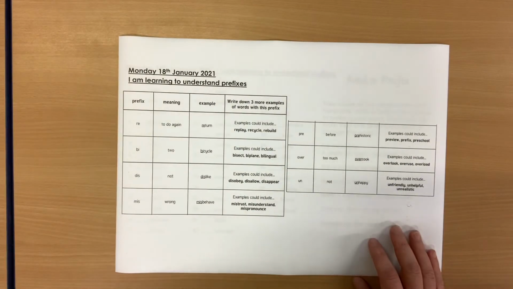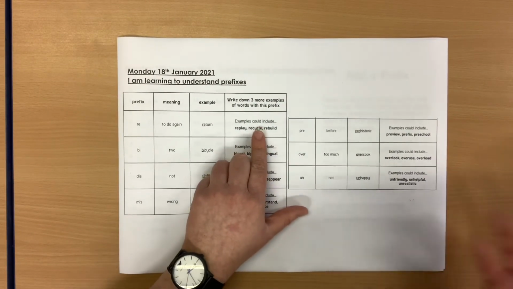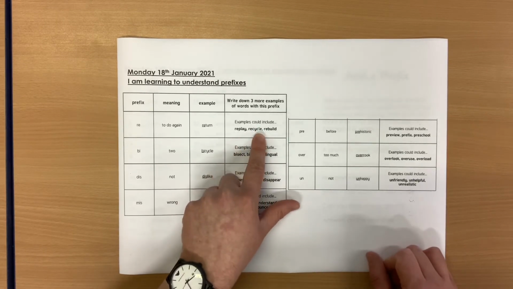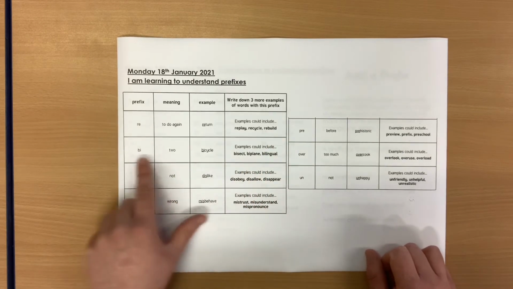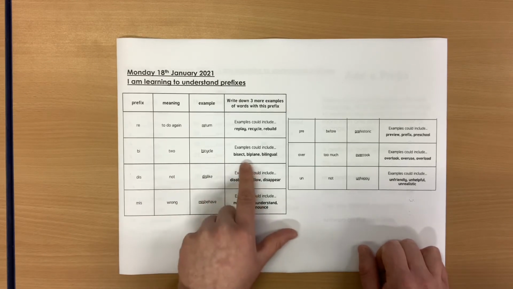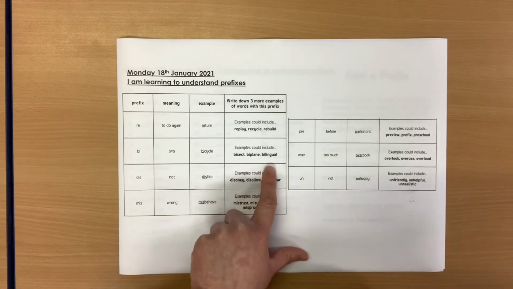Here are some of the examples I've come up with. Examples may include, but you could have had some different ones, replay, recycle, rebuild. For bi, which means two, our example is bicycle, you could have had bisect, biplane, bilingual.